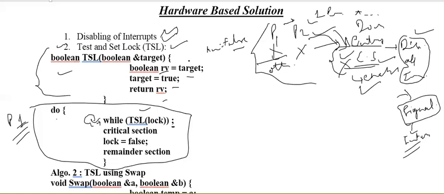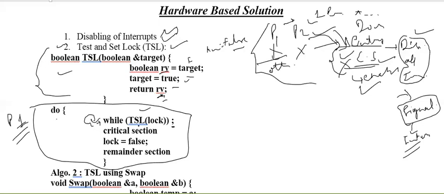So RV becomes false and then target becomes true. And what you return is RV, so RV gets returned, and its value is false.